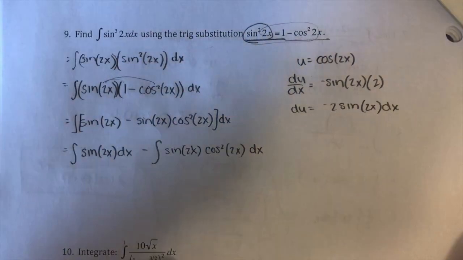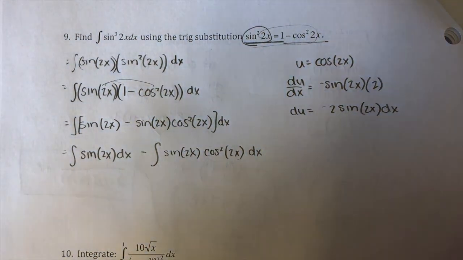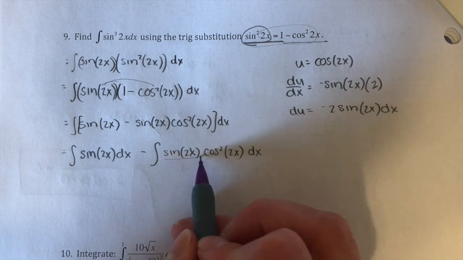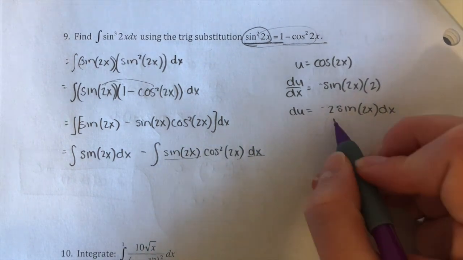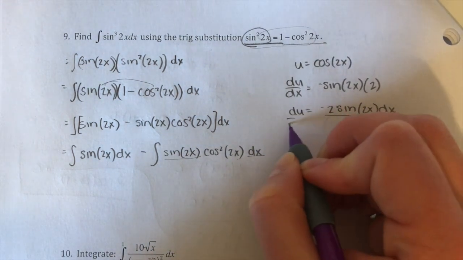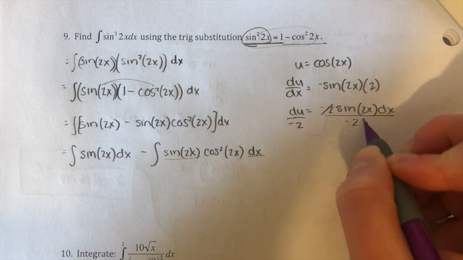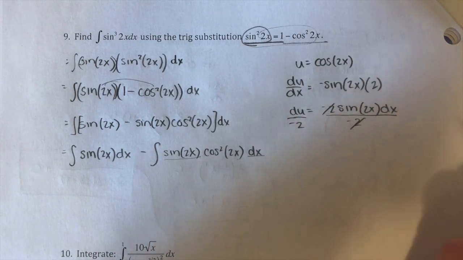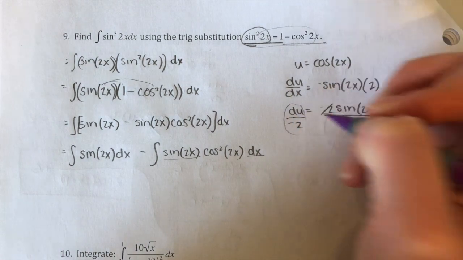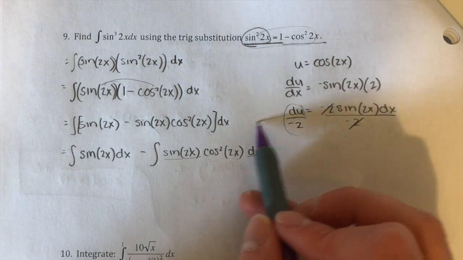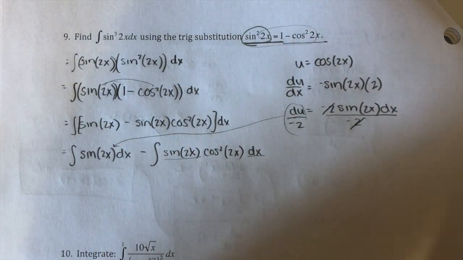Okay, so notice how I've got my sine 2x dx. I just need to divide both of those by negative 2 to replace that part. So this can go in for that part. This can also go in there.